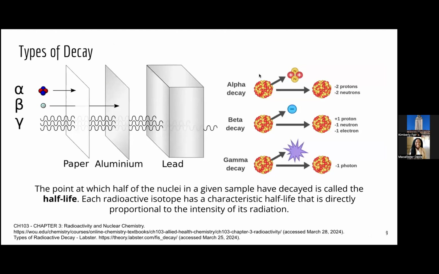On the types of decay, as I said, there are the three, alpha, beta, and gamma. Alpha decay, most are probably pretty familiar with. It's the emission of an alpha particle, and can be easily stopped due to its slow velocity and larger mass.